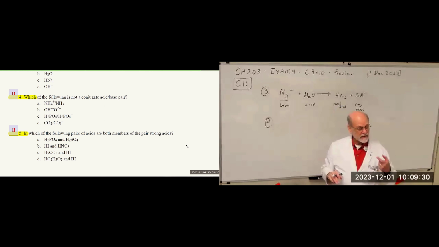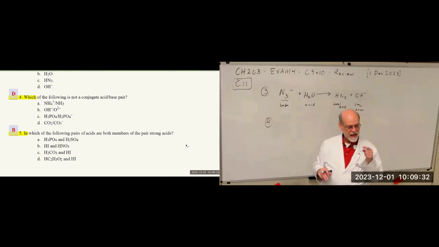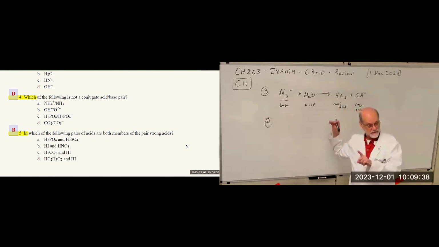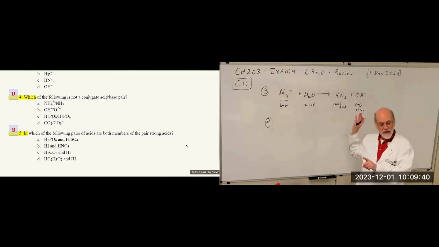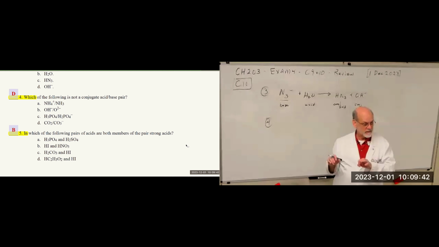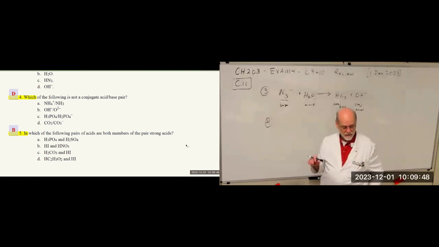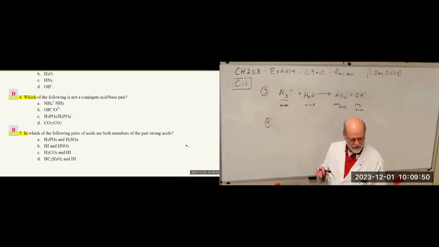What you need is for the acid to lose only one proton, one hydrogen, and then the base in the pair has to be everything else left over. You can't add anything, you can't subtract anything else. It's just different by that one hydrogen. So NH4 to NH3, acid-base pair. Which of the following is not a conjugate acid-base pair?